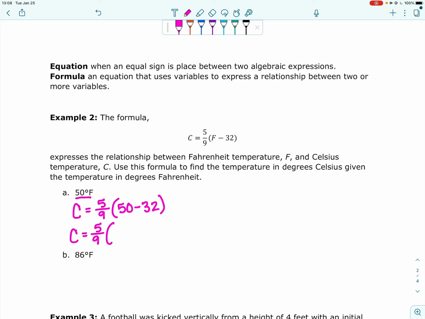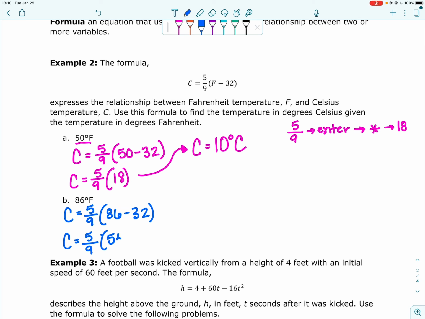So we can do this again with 86 degrees Fahrenheit. It's the same formula, 5 over 9, but now instead of starting with 50 degrees, we're starting with 86 degrees. So we do the parentheses first. 86 minus 32 is, oh, I'm sorry, my finger zoomed it out a little bit, is 54 degrees.